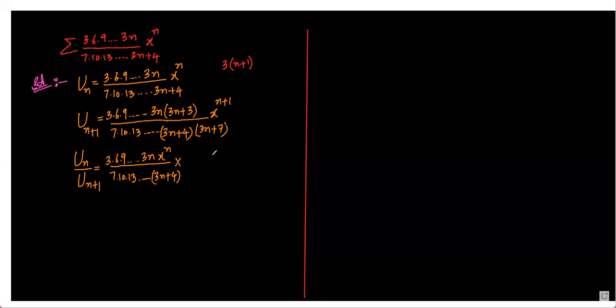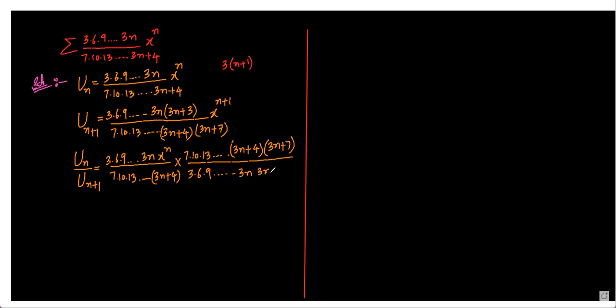The second fraction will become reverse here. 7 into 10 into 13 and so on, 3n plus 4 into 3n plus 7, divided by the whole, 3 into 6 into 9 and so on, 3n into 3n plus 3.